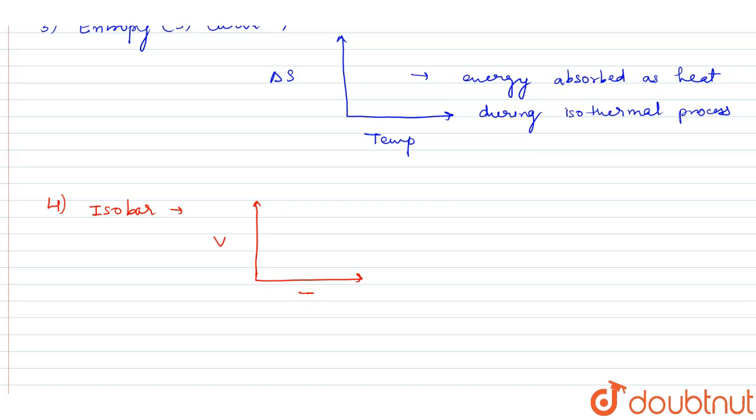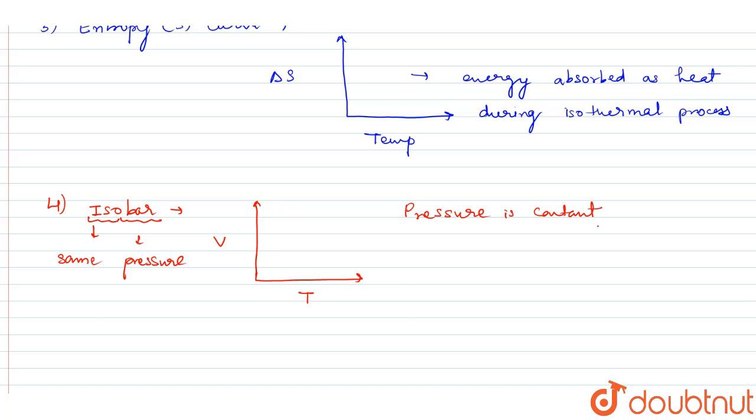From the name itself we can infer that iso means same and bar is a unit of pressure, so this means same pressure. So it is a volume temperature curve when pressure is constant. So this is an isobar. By the name itself we can say that this is not our answer because delta G is not involved here.